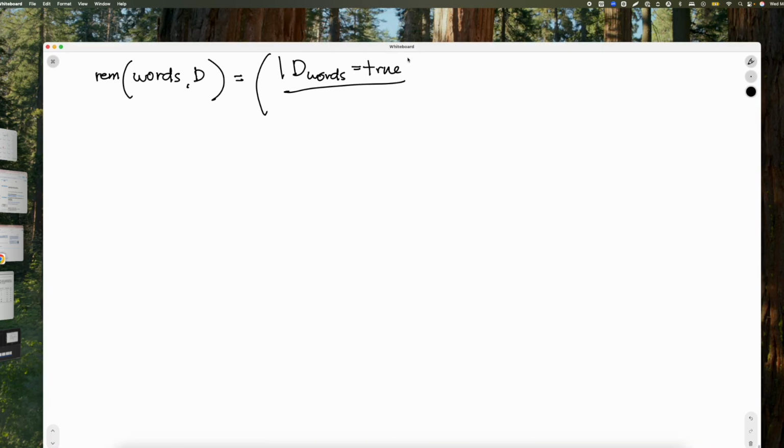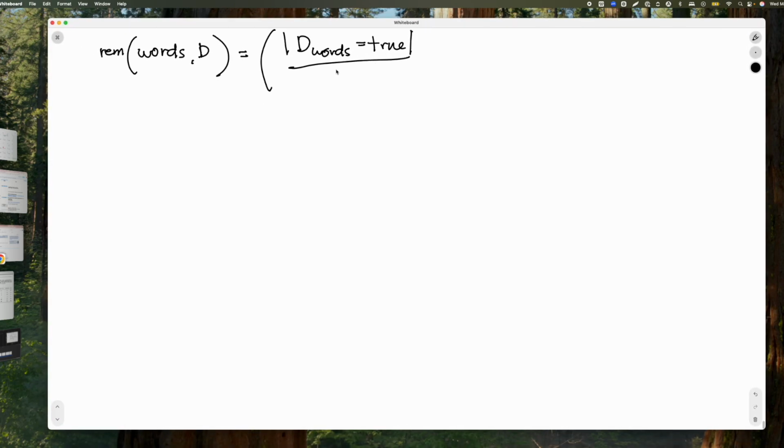So we have the remainder of words in the dataset D: absolute value of D words equals true over D times H, or entropy of t, D words equals true.